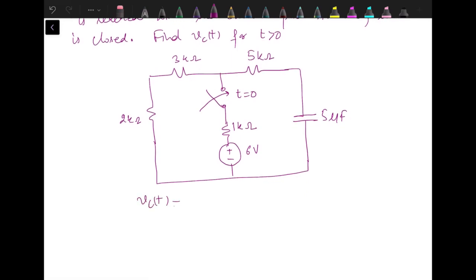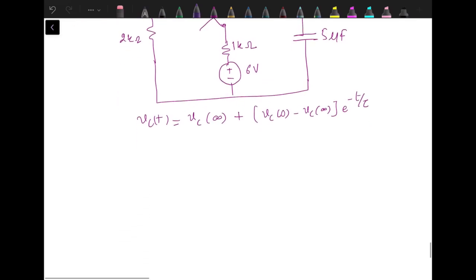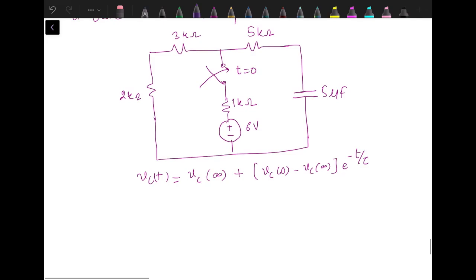VCT will be calculated as VC infinity plus VC0 minus VC infinity into e raised to a minus t by tau. So calculate the value of voltage across the capacitor. This is Vc, which we need to calculate. We need the voltage across the capacitor before switching, that is Vc0, Vc infinity after switching, and tau again after switching.